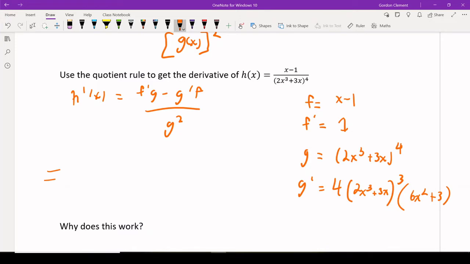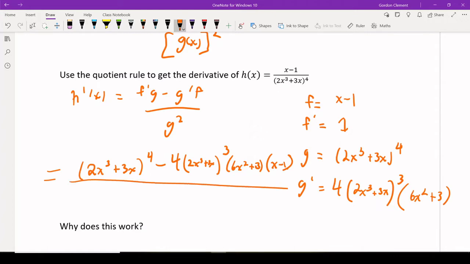And then I will write it all out. F prime g, so just 1 times g, so I'll just do 2x cubed plus 3x to the power of 4, minus g primed f, so the 4 blah to the 3 times this times f, which is x minus 1, all over g to the power of 2.